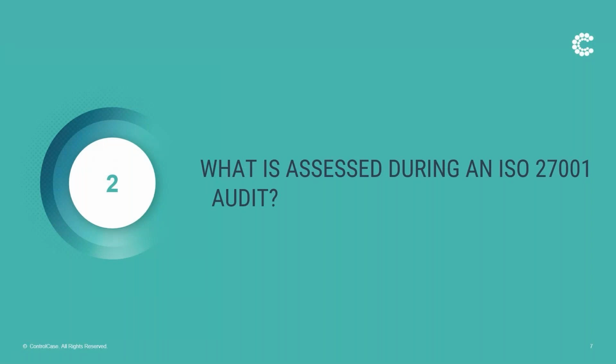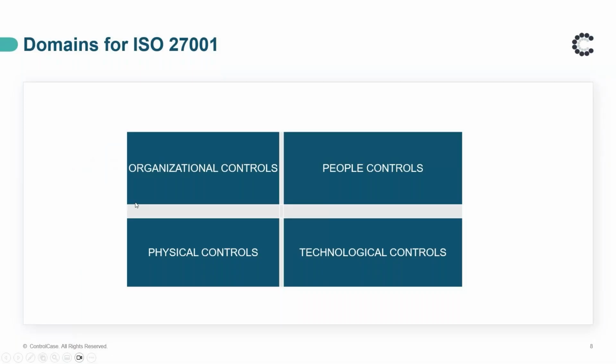Clauses outline the requirements of establishing, implementing, maintaining, and continually improving your ISMS. It provides you a systematic approach and framework for the management system. And annexures are basically your security controls. Both of these have to be met to undergo a successful ISO audit.